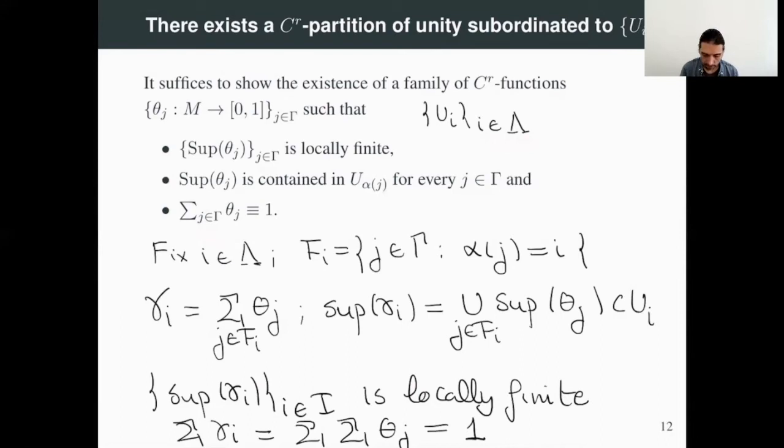So this proves the claim. We just need to show this result over here. We can actually consider this reduction.